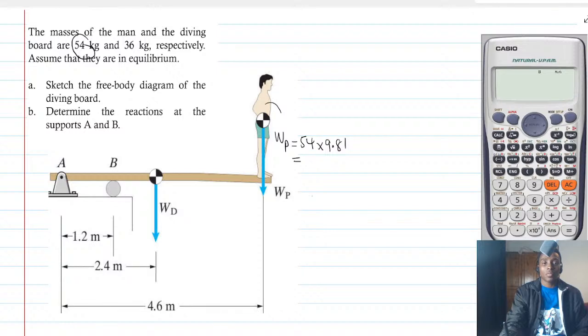So let's multiply this together. We have 54 multiplied by 9.81.